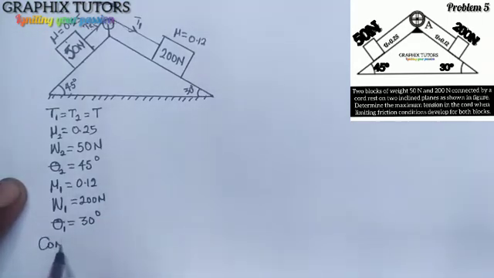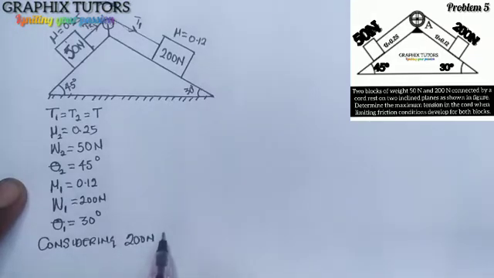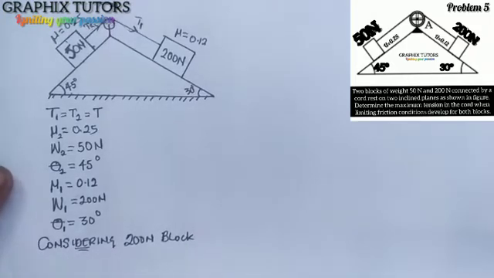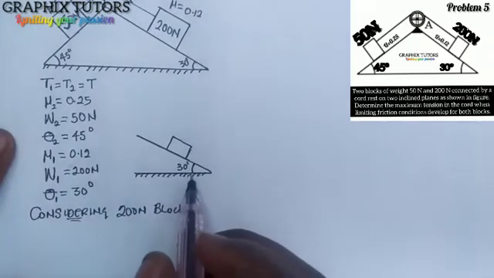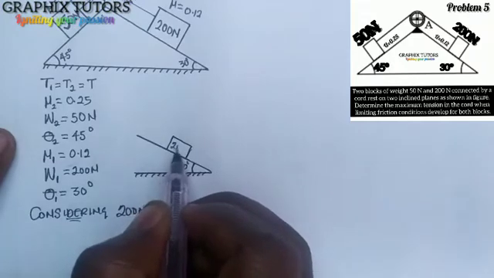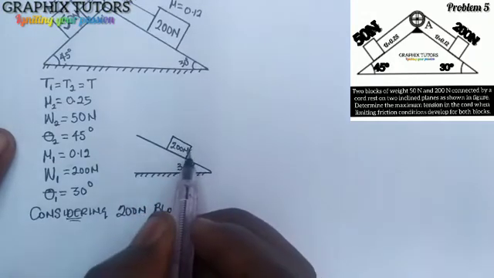Considering the 200 Newton block, we'll draw that, and we'll have something like this. This is the 200 Newton block here. Now it tends to slide down.